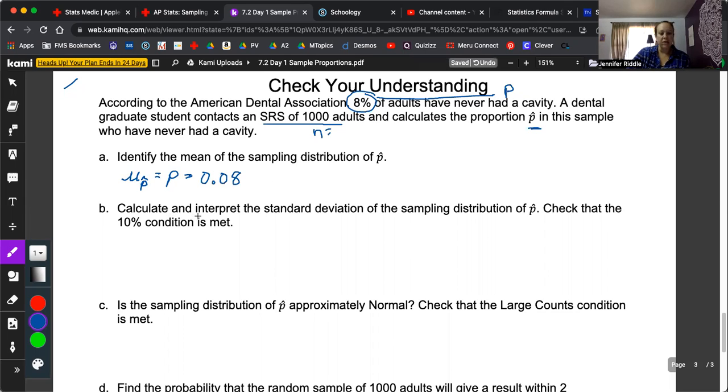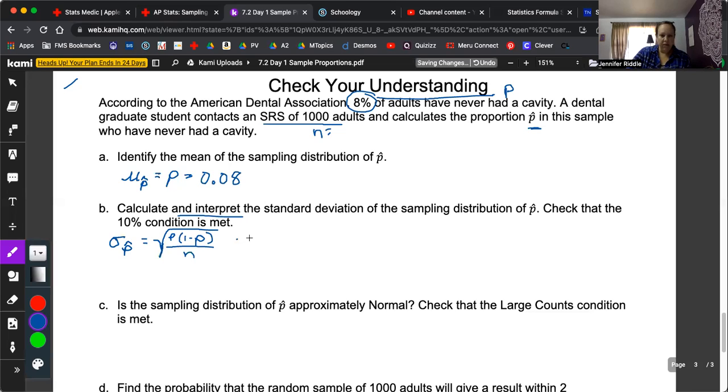Part B asks us to calculate and interpret the standard deviation of the sampling distribution of P hat. Check that the 10% condition is met. So I'm looking for the standard deviation of the sampling distribution of P hat, and I know that's equal to the square root of P times 1 minus P divided by N, and this is all underneath that square root.